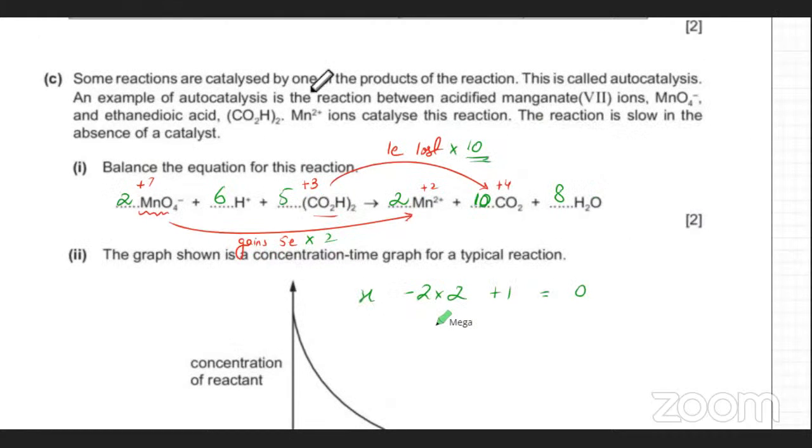He's saying some reactions are catalyzed by one of the products of the reaction. This is called autocatalysis. An example is the reaction between manganate(VII) ions and ethanedioic ions, and Mn2+ ions catalyze the reaction. The reaction is slow in the absence of a catalyst. So the reaction is going to be slow at the start, but once Mn2+ is formed, the reaction would speed up.